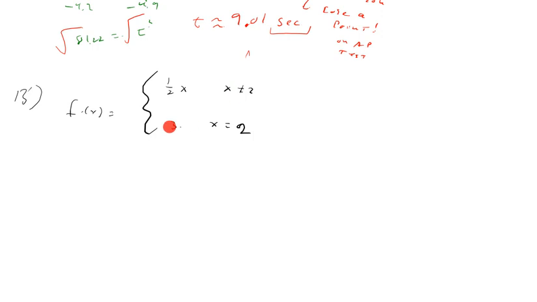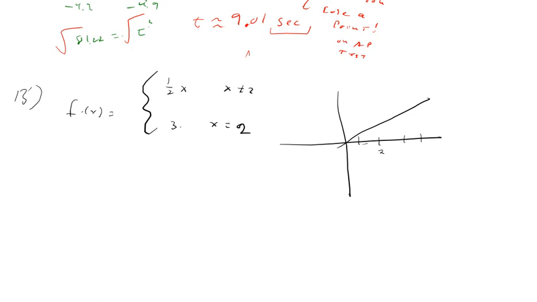If you wanted to picture this graph, what would it look like? Something happens at 2, right? 1/2 x looks something like this, but there's a hole right here at 2.